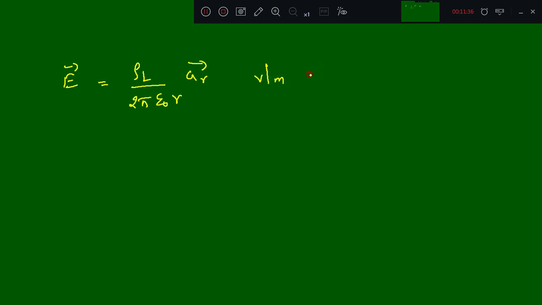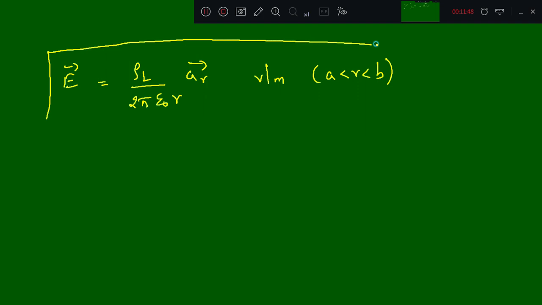The constraint is A is less than or equal to R, less than or equal to B. This is the derivation of surface charge using the coaxial cable.